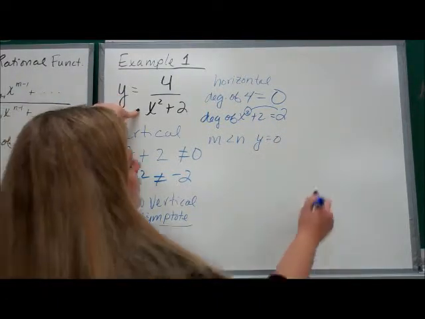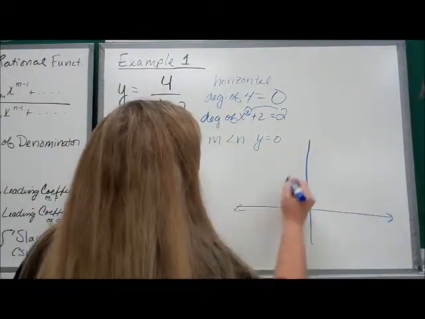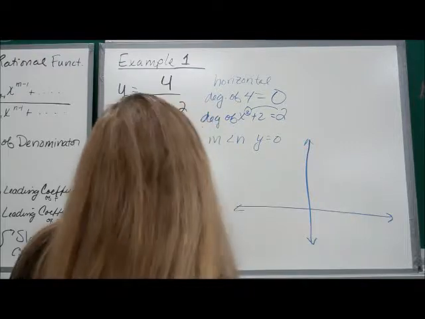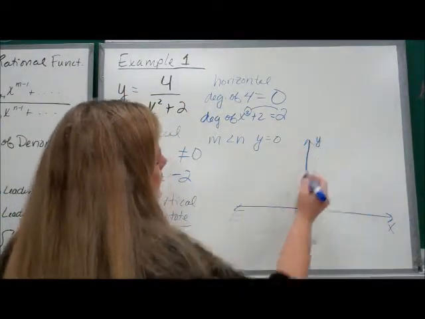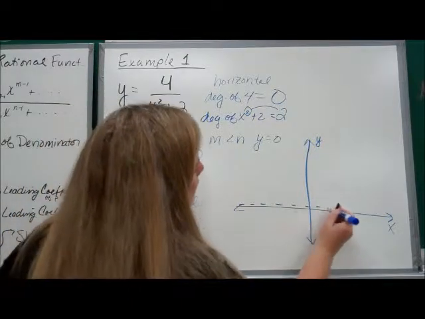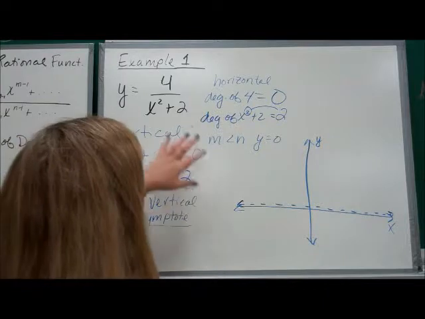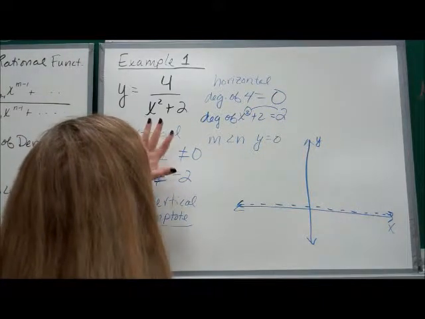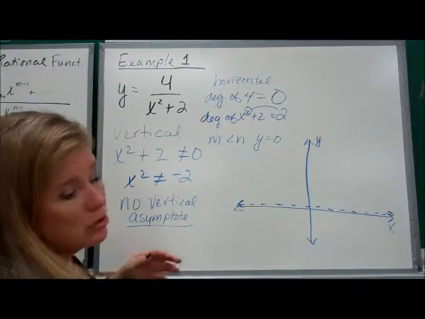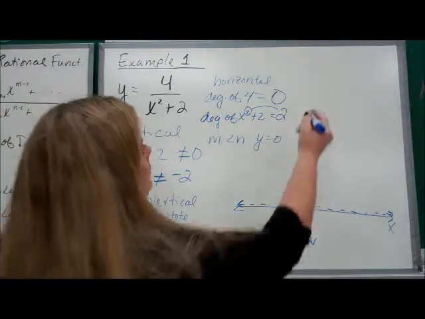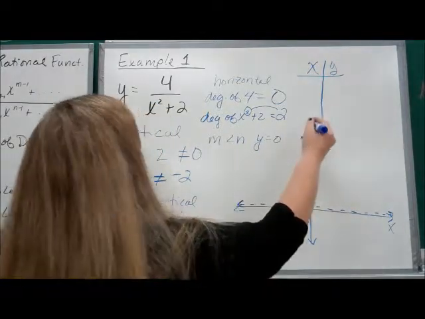So when we graph these, there's no vertical asymptote to graph, but the horizontal asymptote, just sketch that in there. Then we have to figure out what's going to happen here. So we pick some numbers, and you can use your graphing calculator for this if you want to. But if you don't have the graphing calculator, then just pick some numbers.